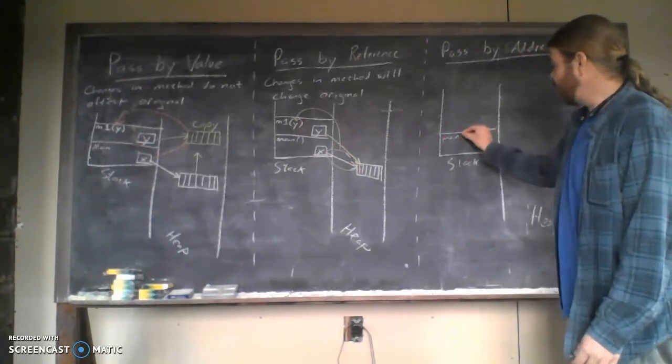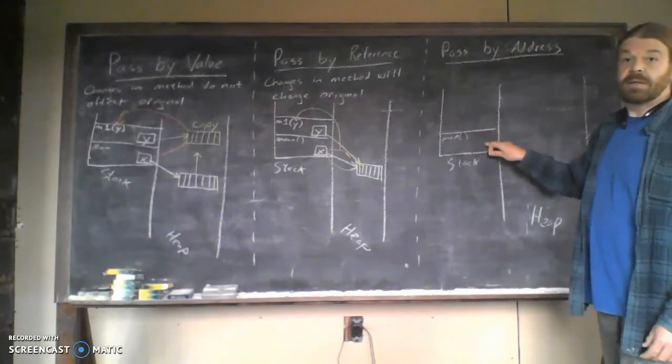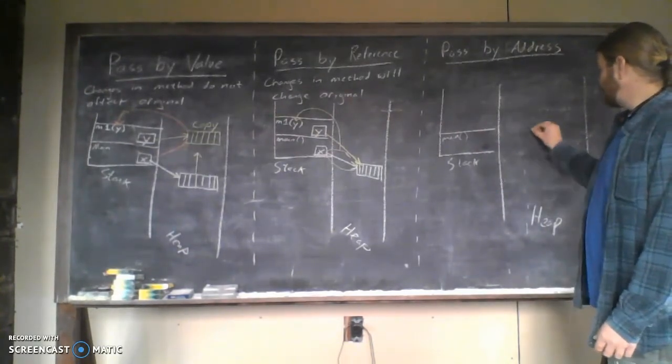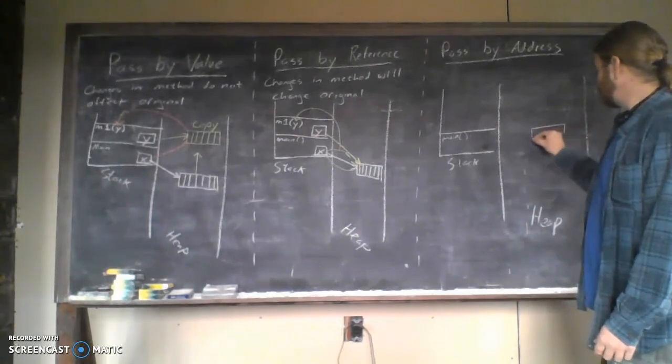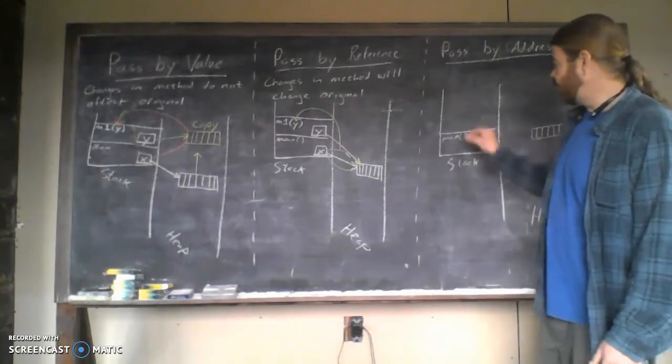So again, we have our main method here. Only this time, I'm not going to draw a variable referring to a block of memory. I'm just going to put a block of memory over here. It's somewhere over there.